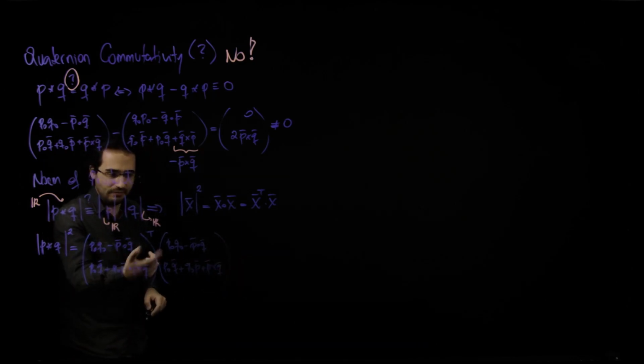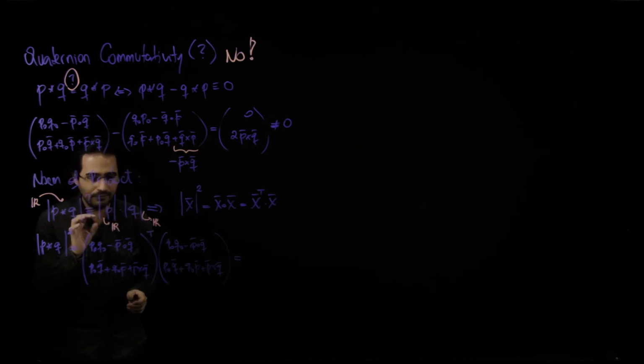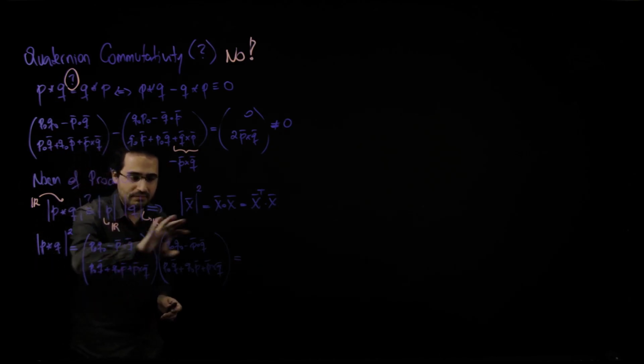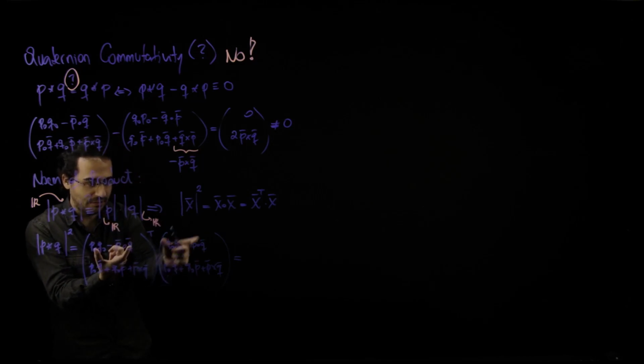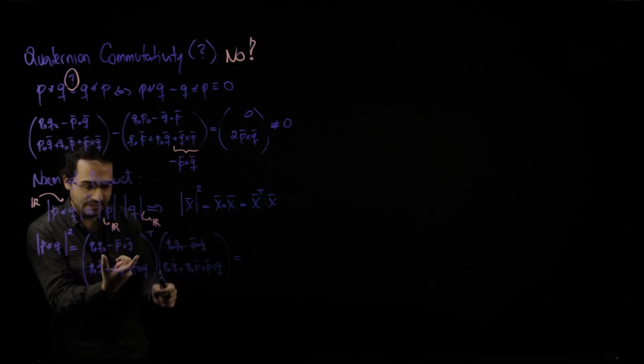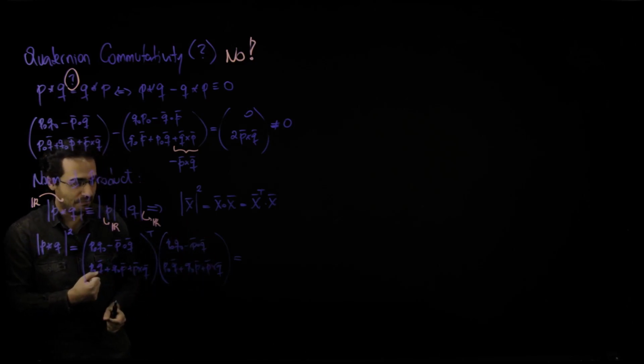And what we have now, this is a transpose times another vector. So the product of this will be this first term times this first term, plus the transpose of that times the second term.